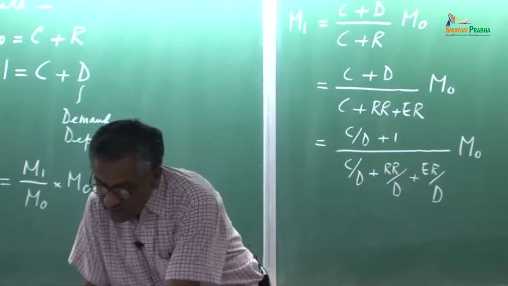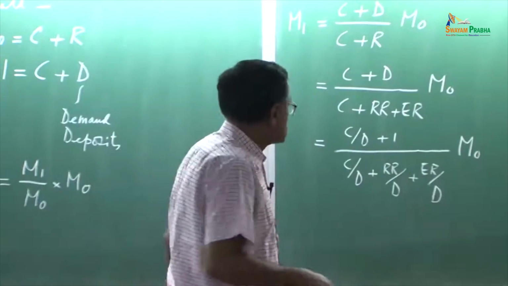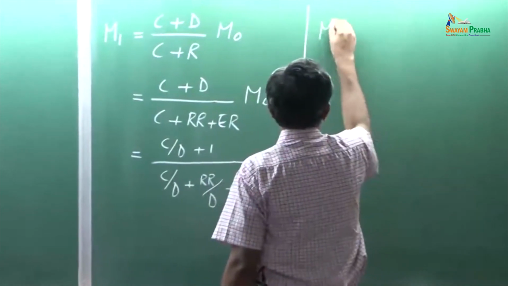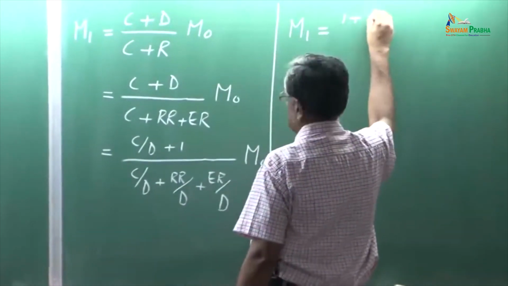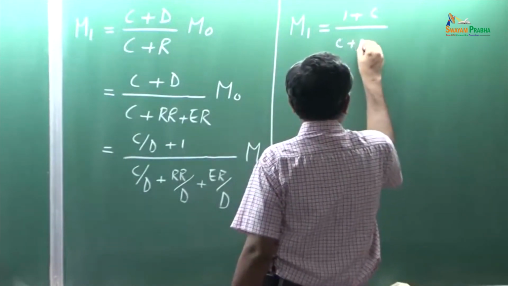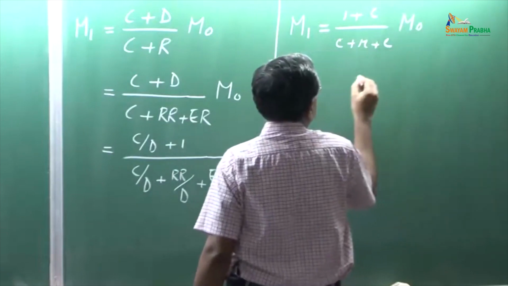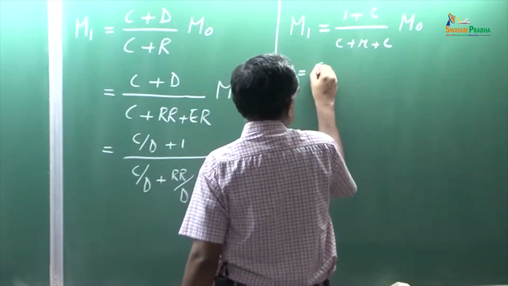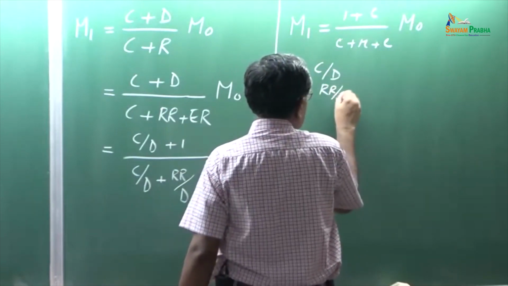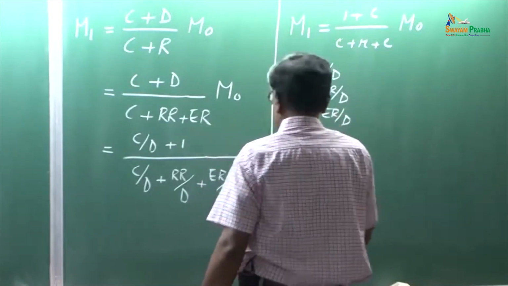Let us give them names, small alphabets, and we can write M1 is equal to (1 plus small c) over (small c plus small r plus small e) into M naught, where small c is the currency to deposit ratio, small r is the required reserves over demand deposits, small e is equal to excess reserves over demand deposits.